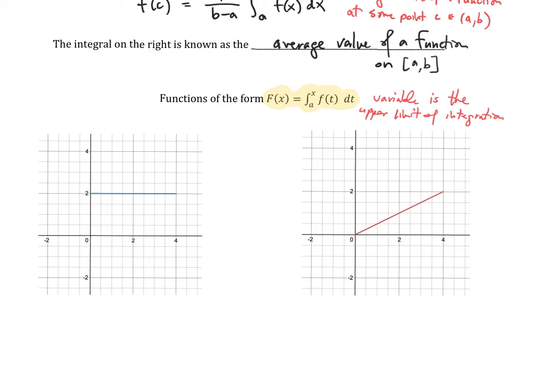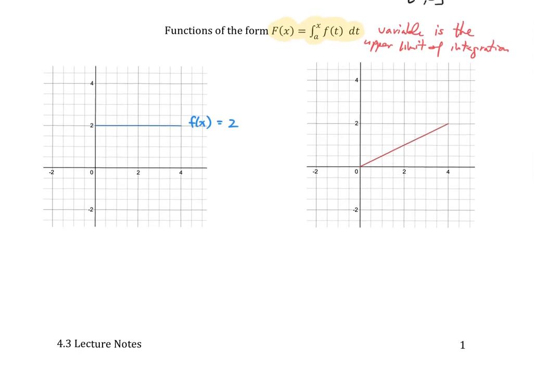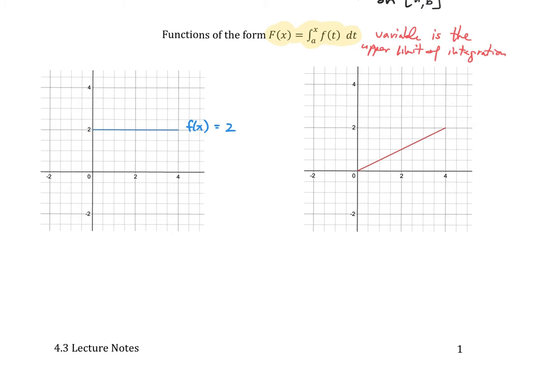So I want you to take a look at this graph that I have on the left-hand side over here. This graph is kind of playing the role of little f. So I'm going to say little f of x is equal to the constant function 2. And the capital F that we want to study looks something like this.